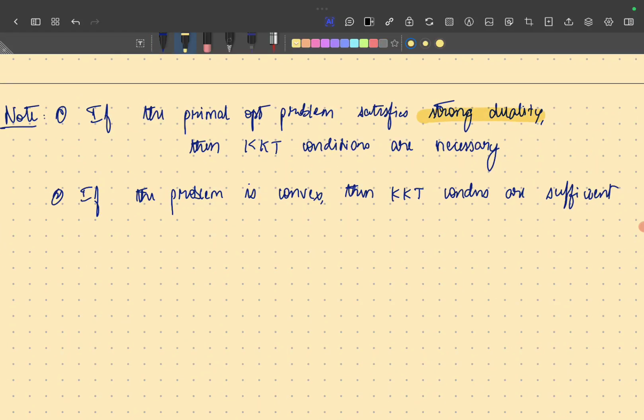So strong duality means that KKT conditions are necessary, and convexity implies that the conditions are sufficient.